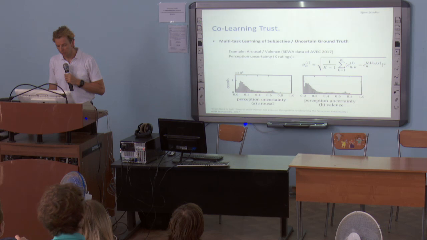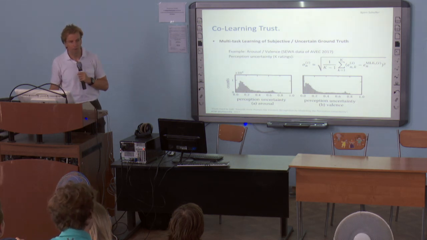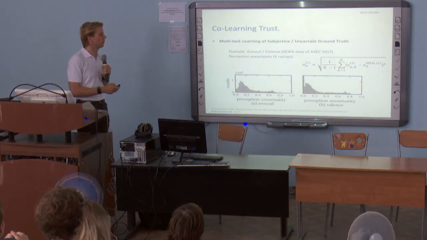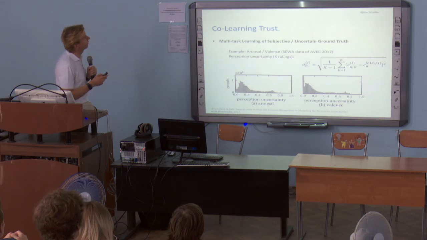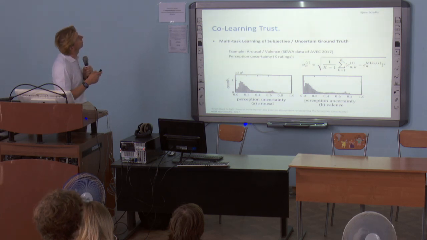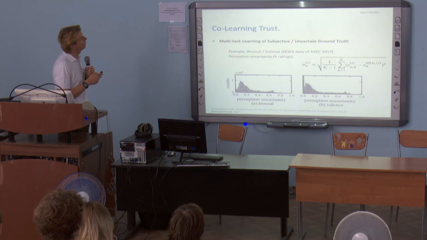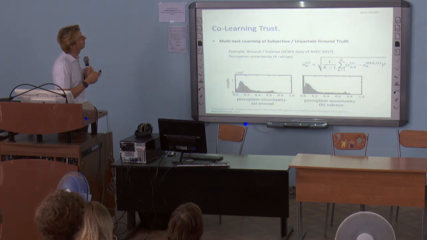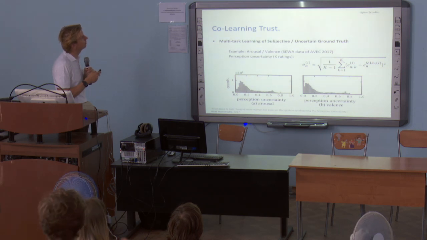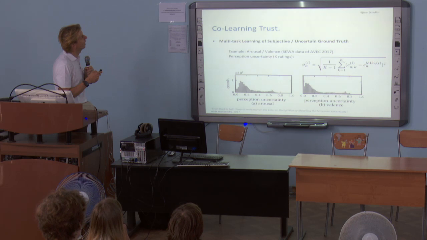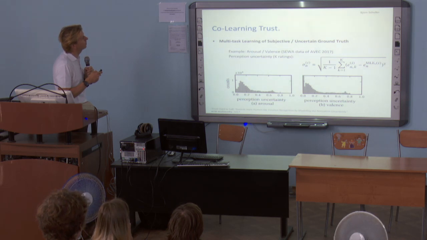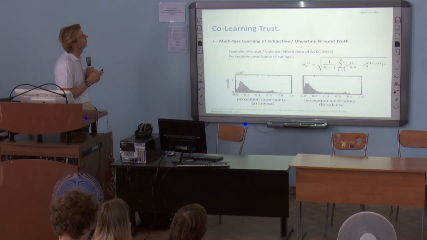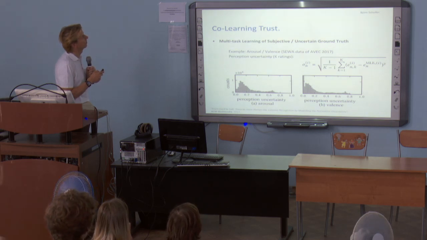Now, one thing I wanted to particularly mention in this context is also co-learning trust or certainty. Let's think again of emotion, arousal and valence. In emotion, for example, you have labelers, usually some 10, maybe even 50, label the same data point, and then you use some sort of weighted vote or whatever to come up with a gold standard to learn as target usually.